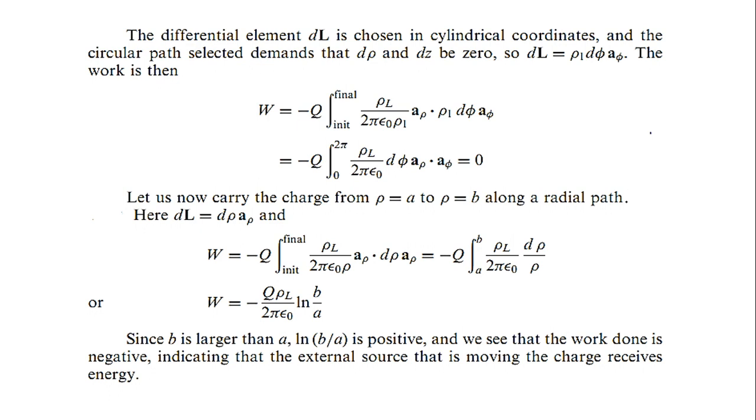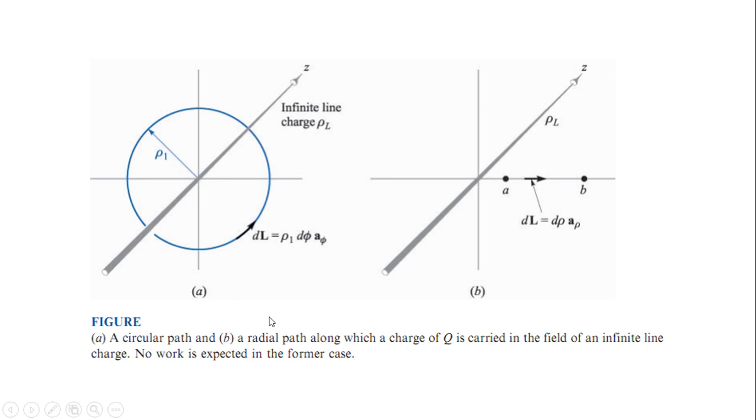Now if we have to move the charge from the position B to the position A, this work done will be positive. What does it mean? It means that if we have to move the charge from the initial position B to the final position A against the electric field, that work will be performed by the external source and the work done will then be positive.